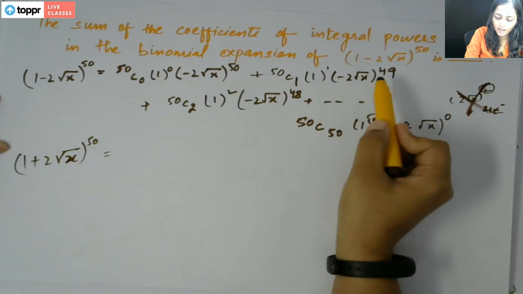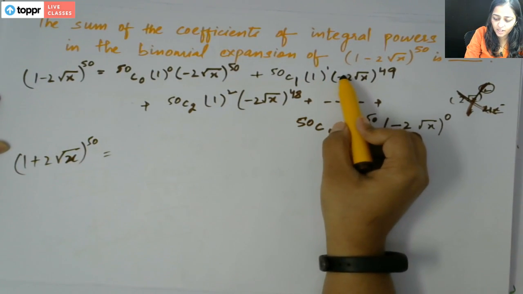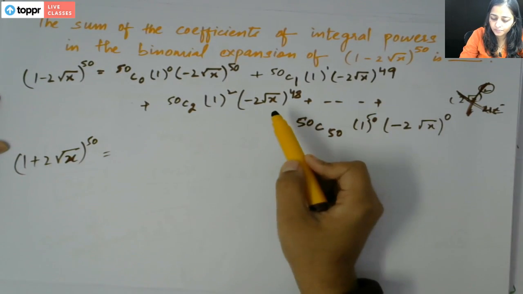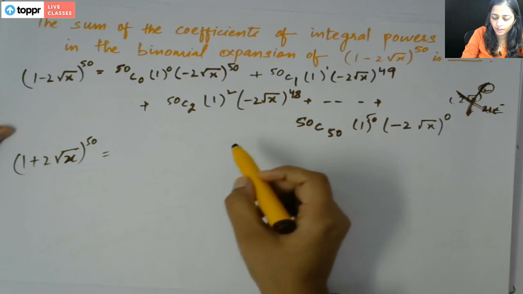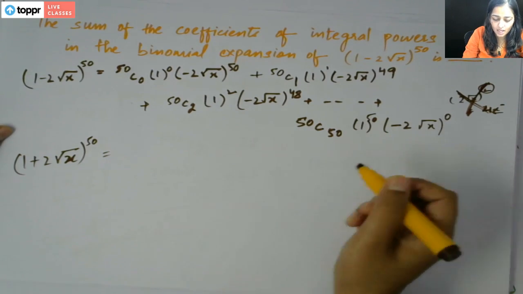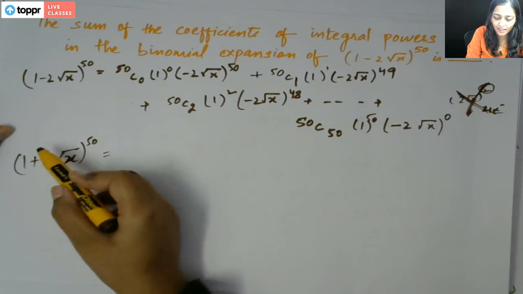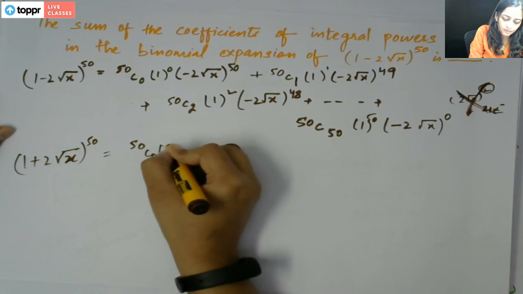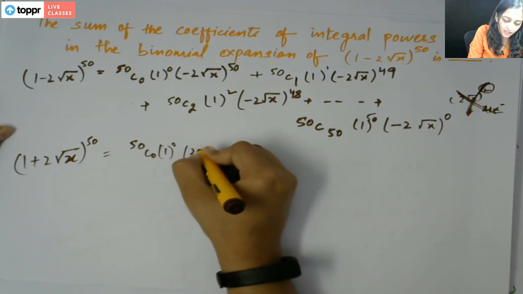In this way, here we are getting these terms with negative sign, because minus 1 raised to the power 49 will give us a negative term. If we take plus sign, then we'll get all the terms with a positive sign. Same terms but with a positive sign.